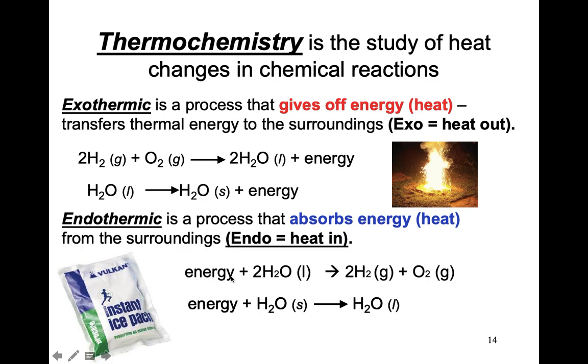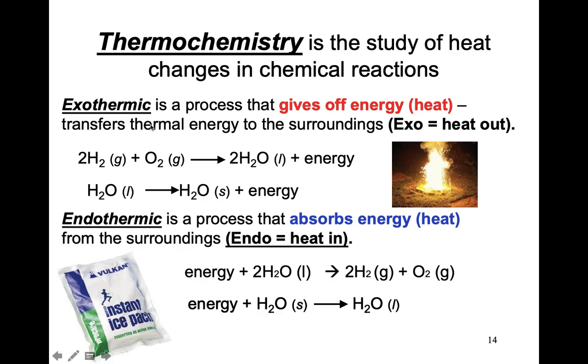So in this one, you have to put energy in to break up water into hydrogen and oxygen. And here, you have to put energy in to ice to melt it, which makes sense. So you're putting energy in. Energy in is endothermic. And of course, another practical application is the hot pack, ice pack, which we made little ones of in test tubes and you guys saw already.